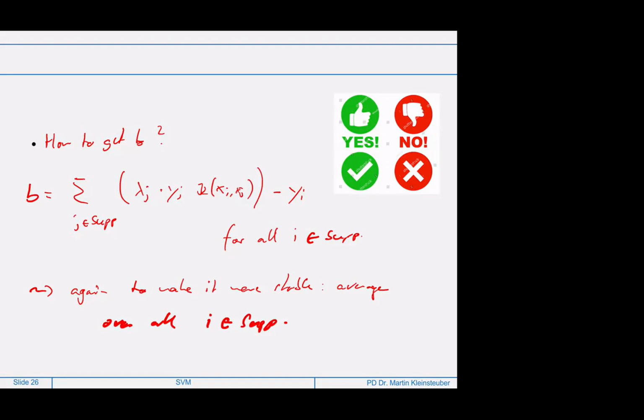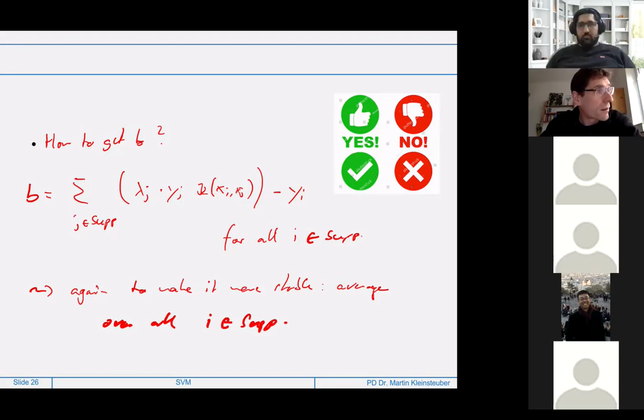It was perhaps a little bit fast what I did here, but it should sketch quite well the way you derive the things. And in practice, you have everything you need. You have the kernel support vector machines, which can also be used in a non-linearly separable case. So that would be it from my side.